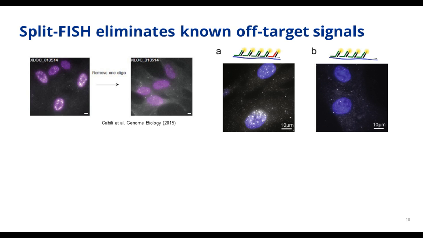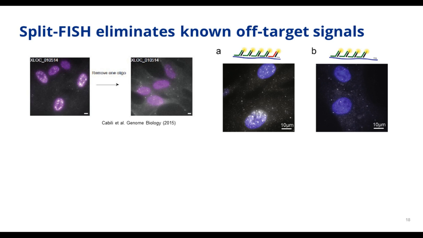And when they removed this oligo, the true localization of this non-coding RNA was revealed, and it's indeed in the cytoplasm. Now, when they stain the probes, half of them in Cy3 and half of them in Cy5, they co-localize well, indicating that this should be the true location of this non-coding RNA.